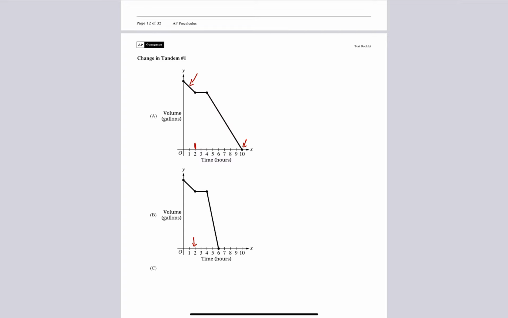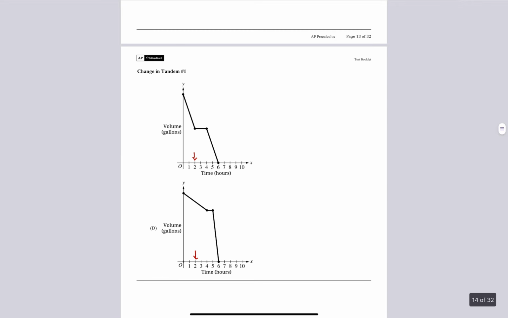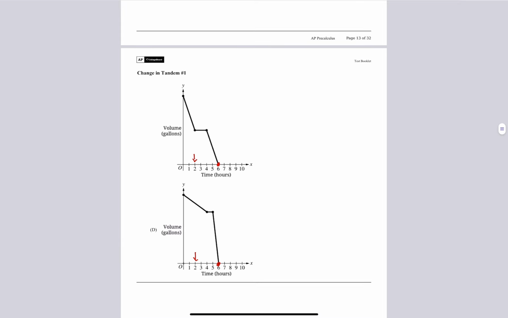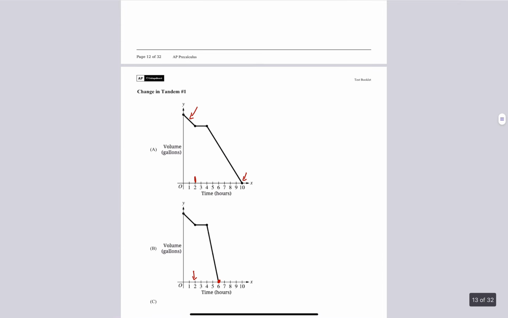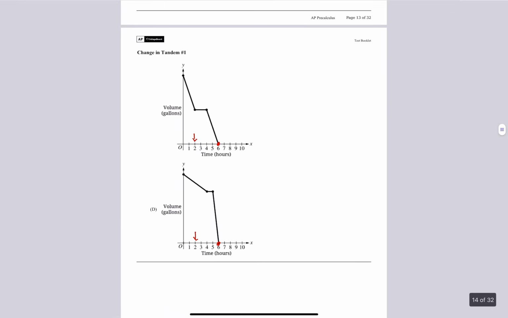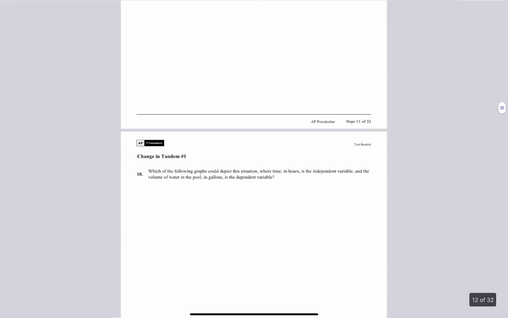Well, this is at mark 10. This is at mark 6. This is at mark 6. And this is at mark 6. Okay, we're good so far. So A is out. What is left is B, C, and D.